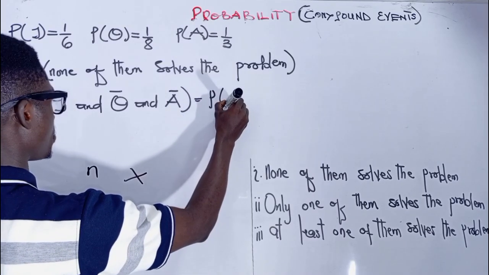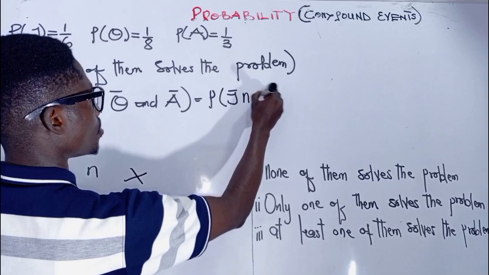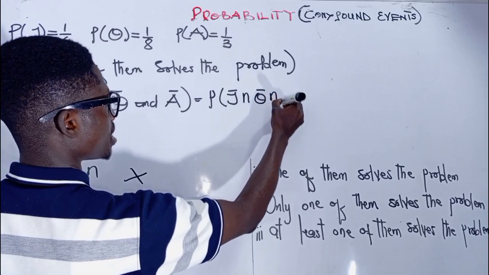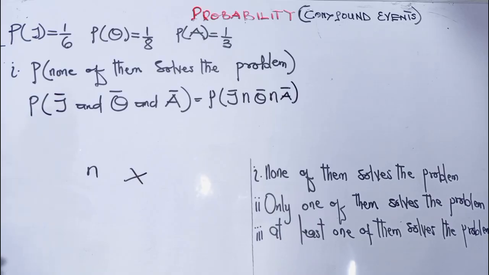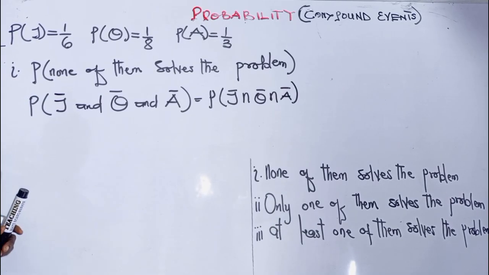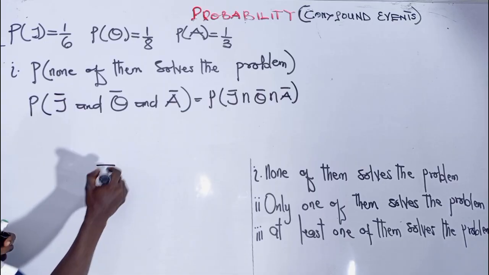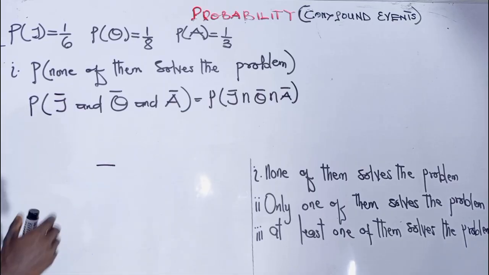the probability that Julius was not able to solve the problem, and Okai was not able to solve the problem, and Asamoah too was not able to solve the problem. We are using the bar to denote each of the contestants not being able to solve the problem.